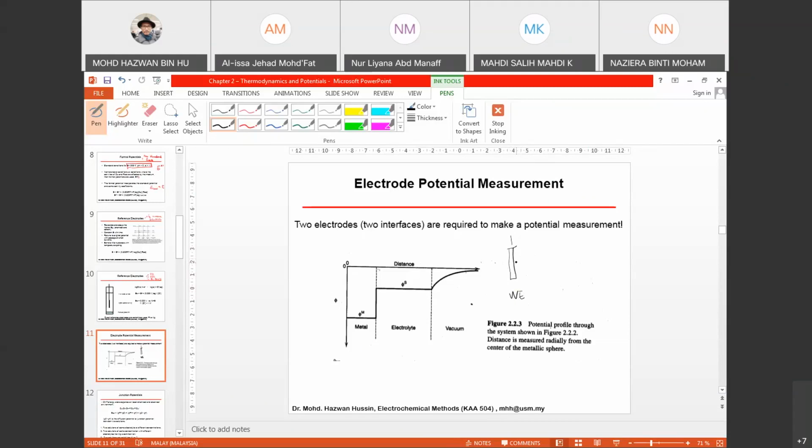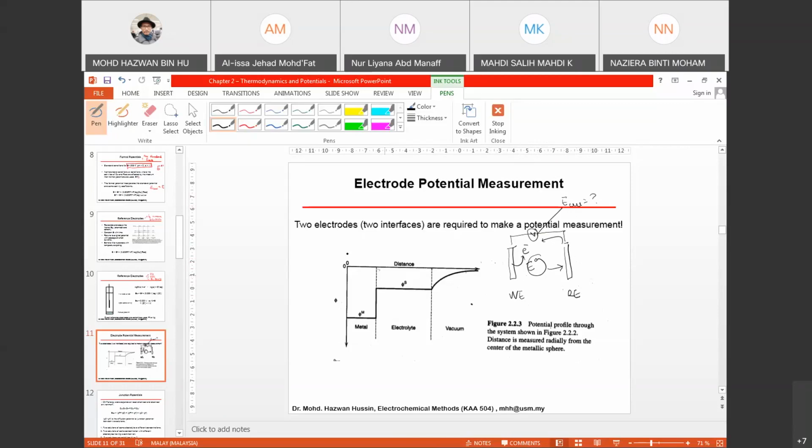When it produces electrons, at the same time, a potential value will be recorded or released. Then in your electrolyte, you also have a reference electrode. This reference electrode will capture the potential value that is produced, and then give the information to the voltmeter to later give the cell potential values.